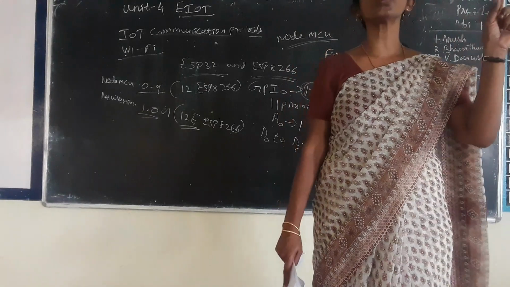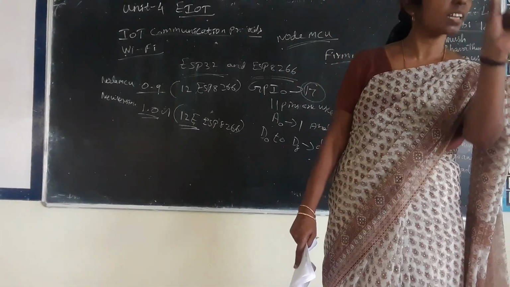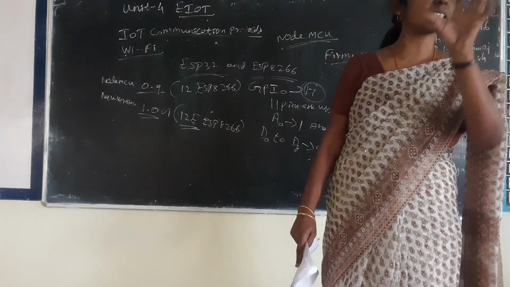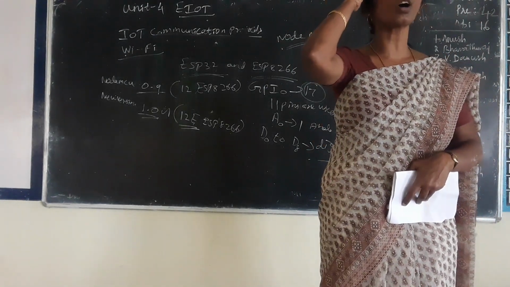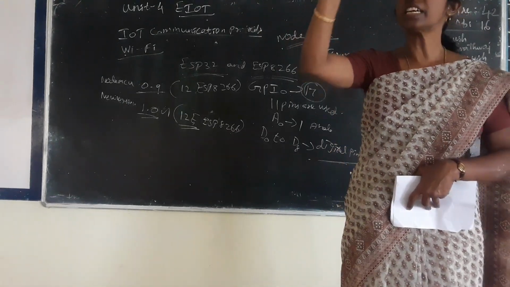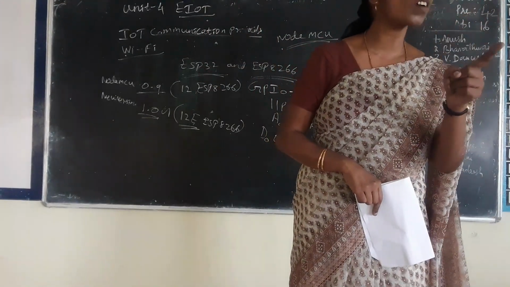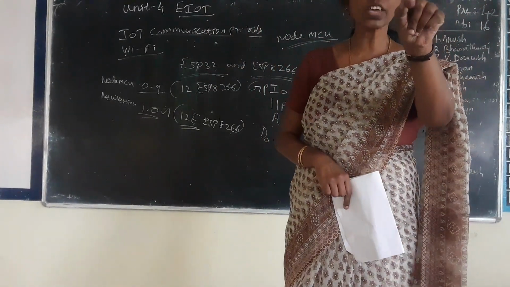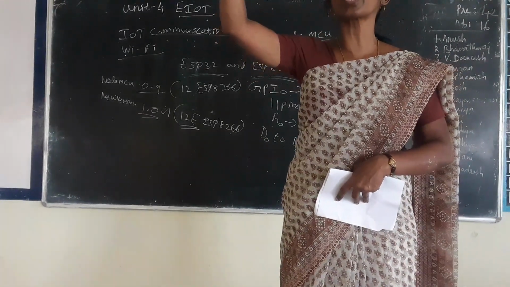Whenever you are using the Blink software, it gives an authentication token, which you will receive in your mail ID. The authentication token number has to be written in the program. And if you are using Wi-Fi, you have to use the username and password of your Wi-Fi.